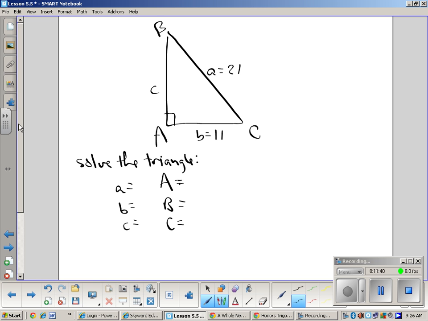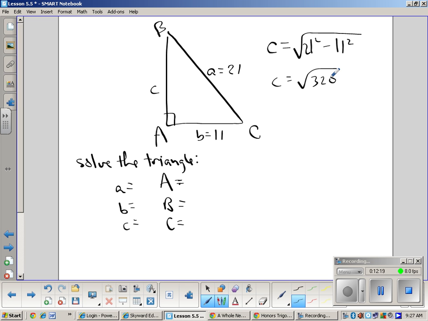I use the Pythagorean theorem to find C. So C is equal to the square root of, we cut straight to the chase, 21 squared minus 11 squared. No, it's hypotenuse minus a length. 320. Okay? Square root of 320. So C is equal to square root of 320.